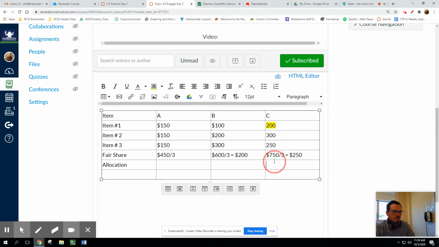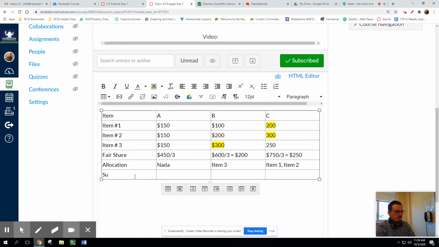So C wins item 1. Looking at item 2, the highest bid is again C. So C wins item 1 and item 2. And then the highest bid on item 3 would have to be player B, who bid 300, so they get item 3. So A gets nothing there.